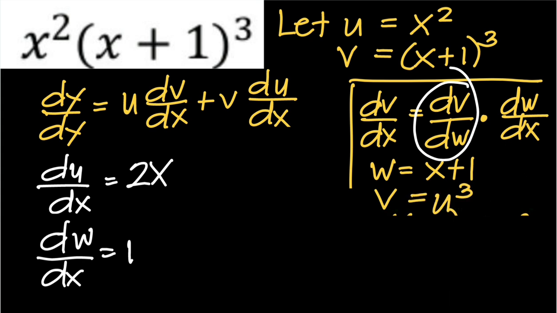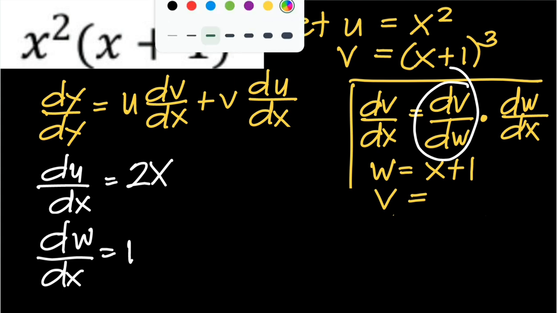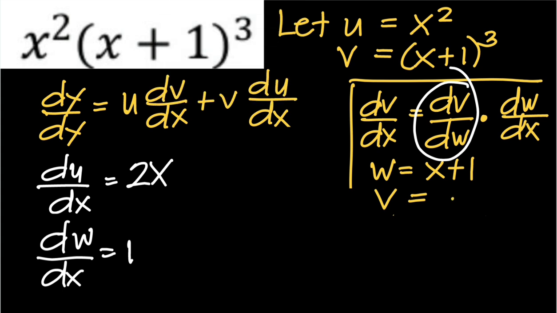Then we solve for dv over dw. This should be w cubed, sorry about that, because we let w as x plus 1. So v is w cubed.